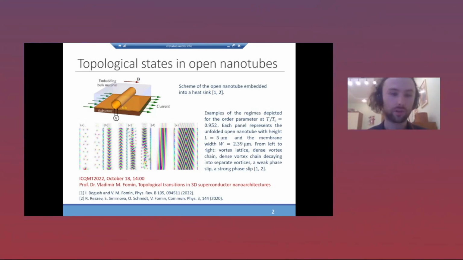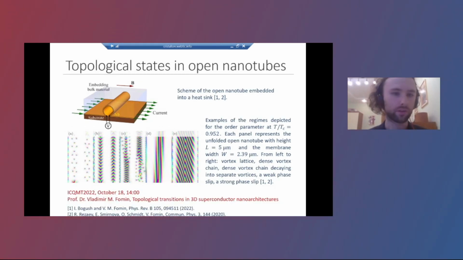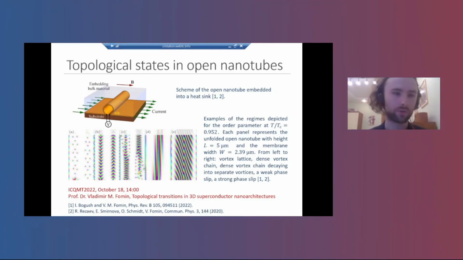Also, an hour ago, Professor Fomin had a presentation where he discussed that such structures, if they are exposed in an external magnetic field, there may be different regimes of their work. For example, there we can see vortices or phase slips.